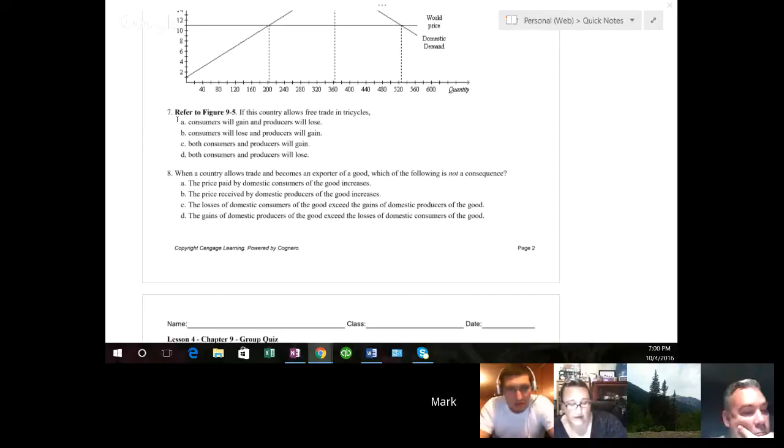That's what I got also. Yes, I got D on that one. The reason why I chose D is because it says when a country allows trade and becomes an exporter of a good. So when they export the good, that means that the world price is higher than the domestic.